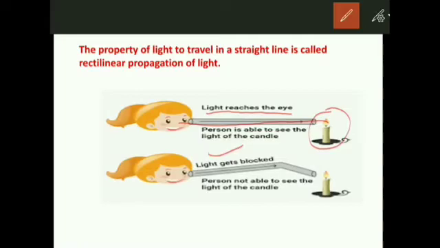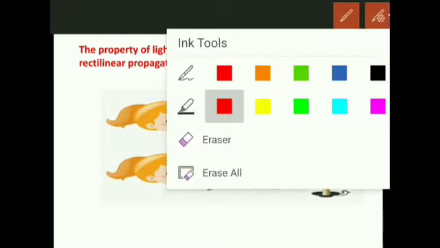It says light gets blocked because from here light travels in a straight path and it cannot penetrate this block. Because of this bend, light cannot reach the eye of this girl, so this girl cannot see this light. So this experiment proves light travels in a straight path.